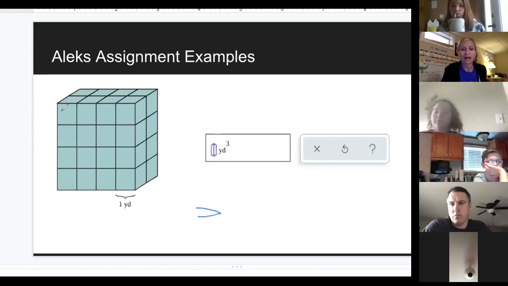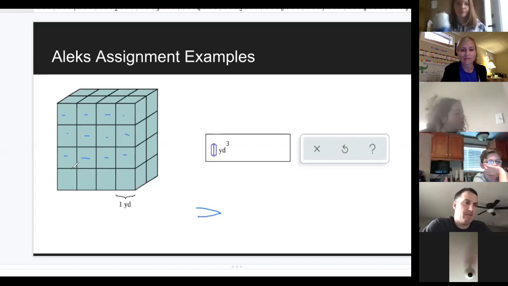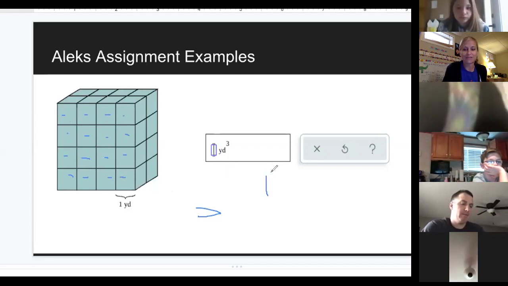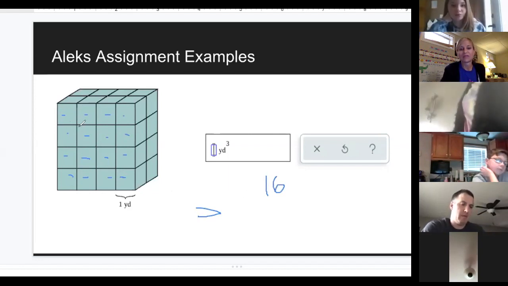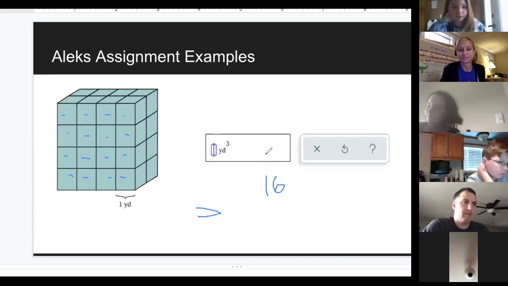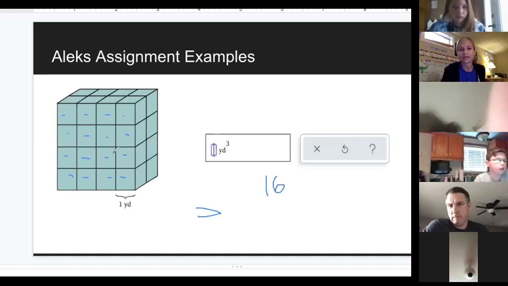I'm literally just going to count the outside. 1, 2, 3, 4, 5, 6, 7, 8, 9, 10, 11, 12, 13, 14, 15, 16. So on that side, I have 16. Does that make sense to everybody? Yeah. Okay. Then how many sides are just like that? 2, right? Good. So I'm going to put 16 down twice.